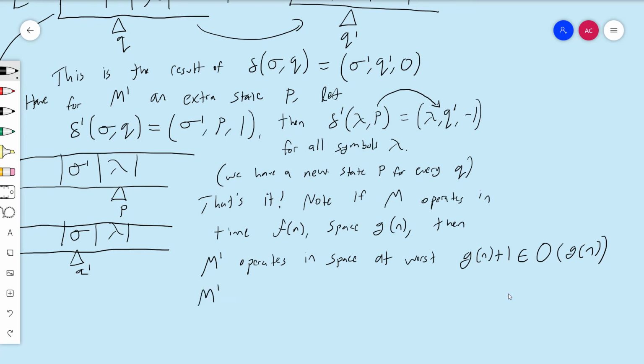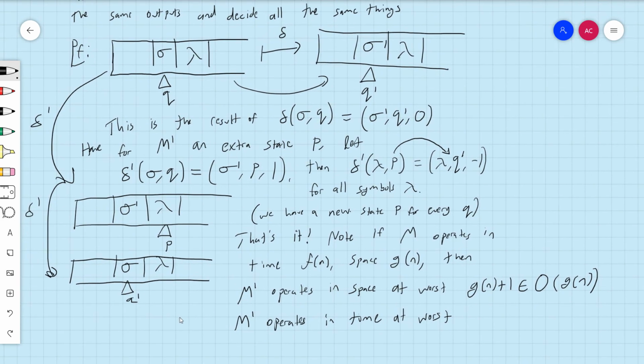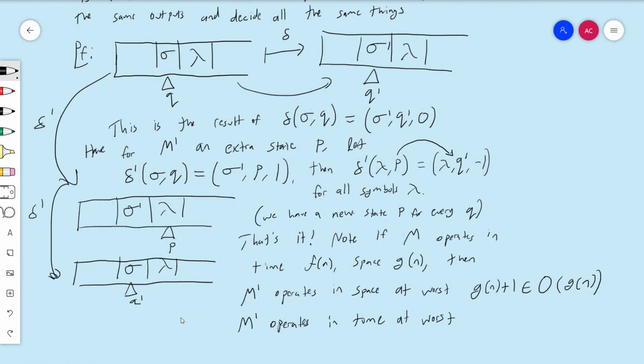Similarly, M prime operates in time at worst. Well, what's the at worst time here? Let's think about that. So typically, not all of my commands are going to be stay still. Most of them won't be stay still. Staying still is probably the rarity, but we still want to think about the worst case. So in the worst case, we stay still every single step. Maybe I should write that down.